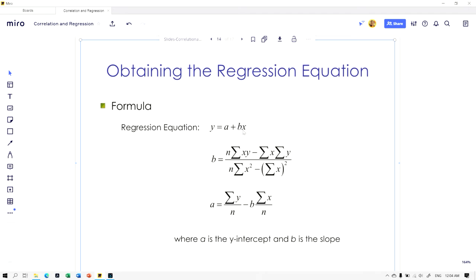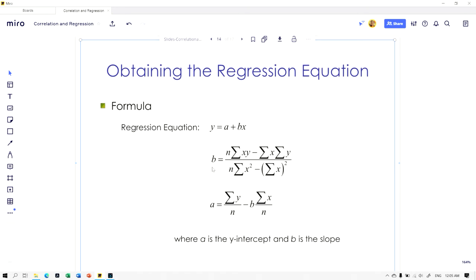To obtain a and b, we use the following two formulas. The formula for b is given by n times the sum of xy minus the sum of x times the sum of y, divided by n times the sum of x squared minus the sum of x, squared.